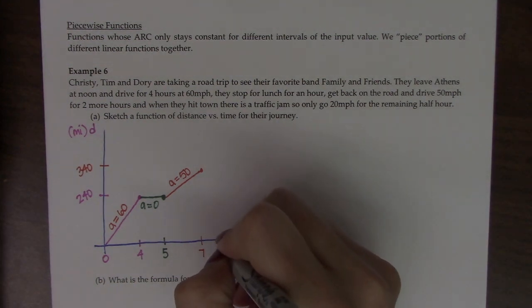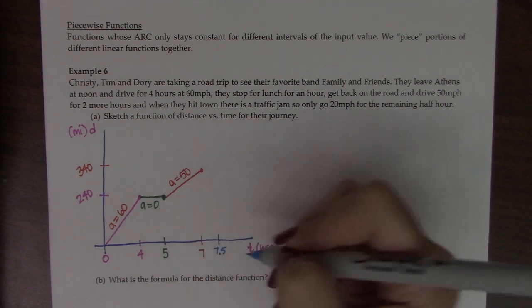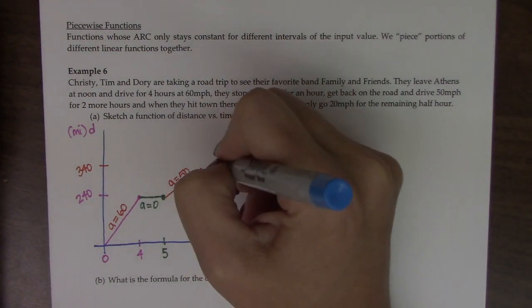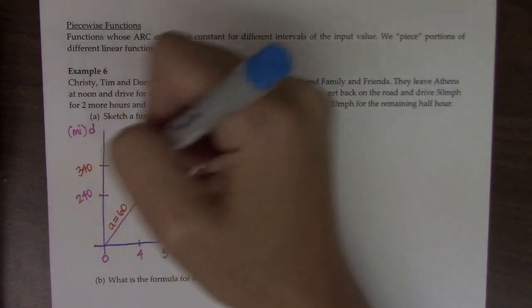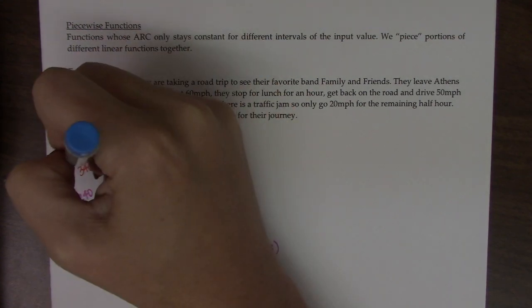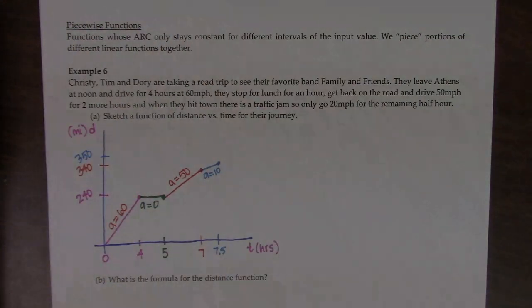So we only go a half hour, so that's 7.5 hours, and they've only gone 10 more miles. So that means they're a total of 350 miles from home. So this is the graph of what this would look like.